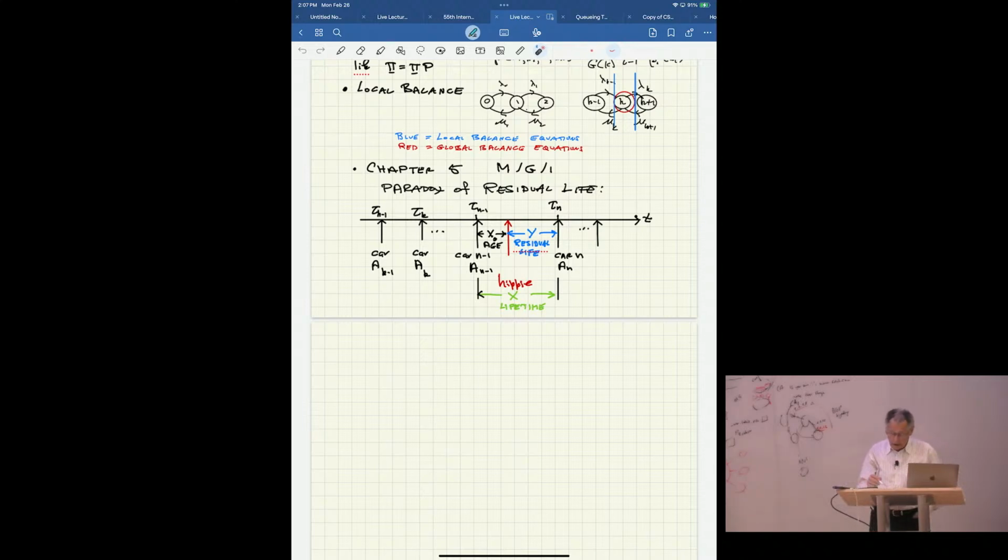So let's get some notation going now. First of all, let's talk about a regular arrival, an arrival that comes from tau k minus 1 to tau k. So I want to let capital F of x be the probability that the time between tau k and tau k minus 1, a regular interval, is less than or equal to x.